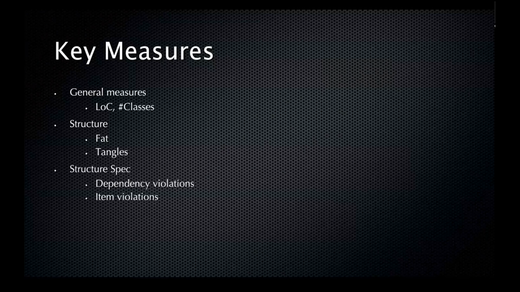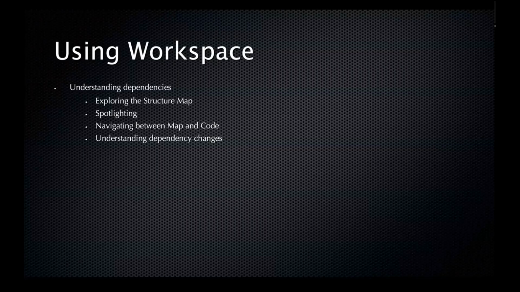Then you've got the structure spec, which is a way of defining the layering within your code base, and modules, which is a way of also defining dependencies more and APIs and stuff. So you remember browsing around the structure map, how you can spotlight items to quickly filter the map to just show the things that are dependent on the thing you just spotlit, and then navigating between the map and the code in your IDE.